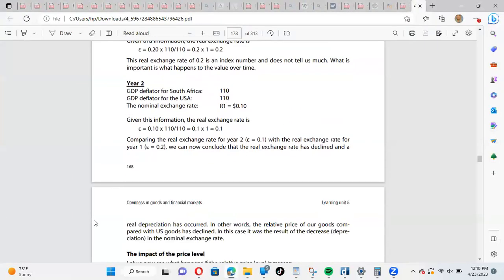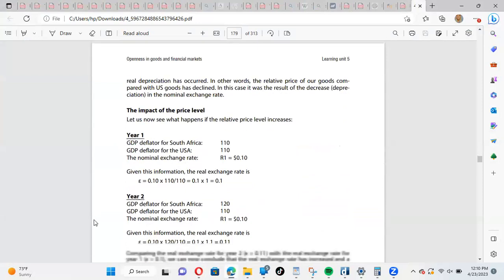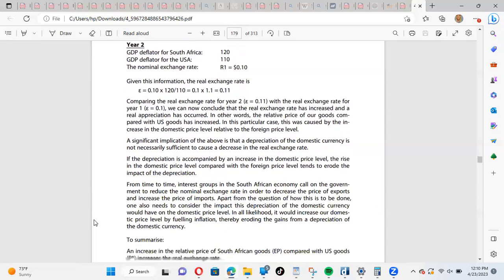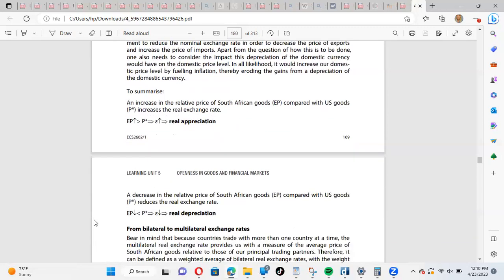So you can as well give all this out. The impact on the price level is what we spoke about there. So this is the summary of this now.